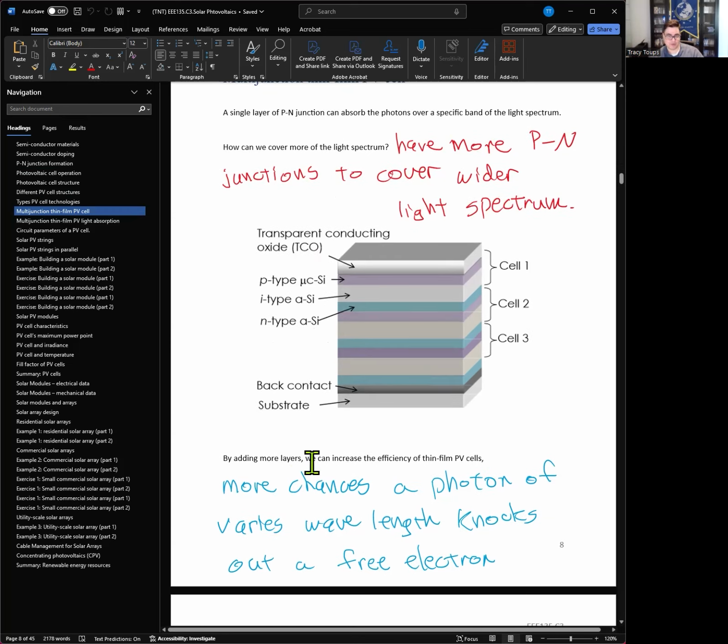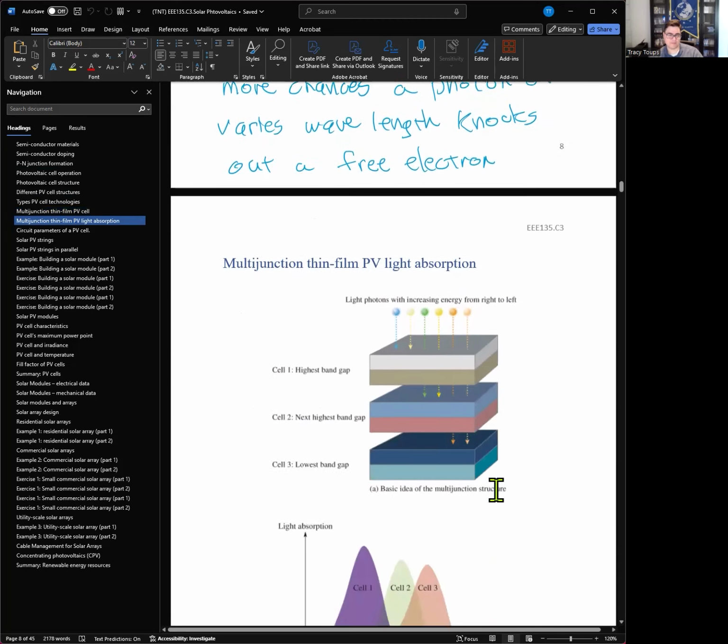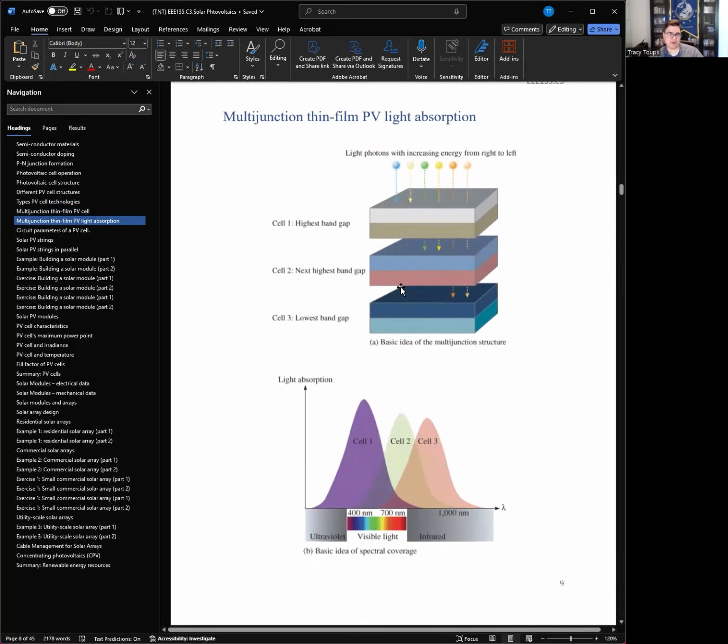Okay, so by adding more layers, we can increase the efficiency of thin film, more chances for a photon of varying wavelengths to knock out free electrons. Kind of a good image to show you what's going on. Think about all the sunlight coming in. Cell 1 has a high band gap, so it's going to take the visible spectrum and all the wavelengths here, right?